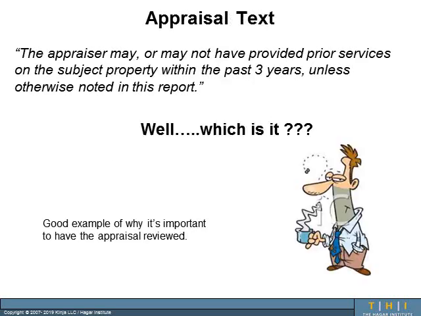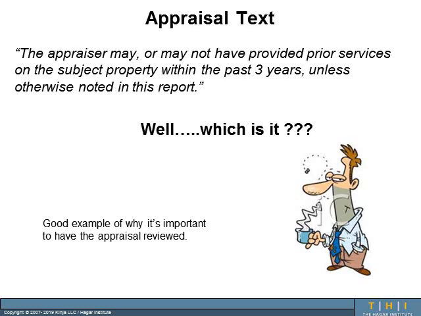So here is a quick example, and I see this every day, particularly when we're reviewing appraisals for legal purposes. Within this appraisal, the appraiser said the appraiser may or may not have provided prior services on the subject property within the past 3 years unless otherwise stated. What?